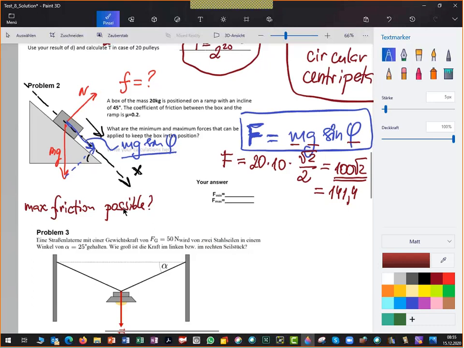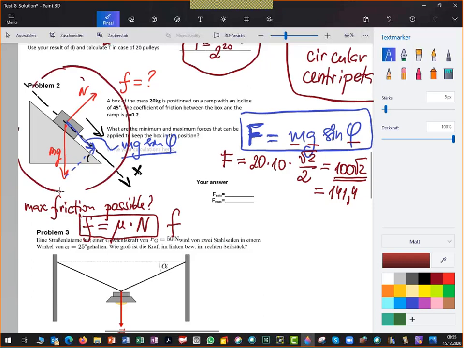For that, we just need to apply the formula we discussed before. Friction force is the friction coefficient multiplied by the normal force. Again, let's use the triangle we see here in our drawing, and here we see that N can be expressed as mg cosine phi.